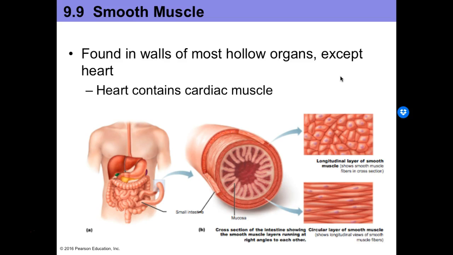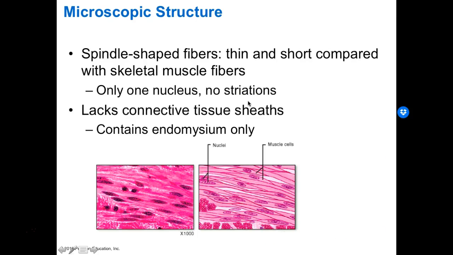Okay, smooth muscle. Like I said, we find this in the walls of our hollow organs like blood vessels, our stomach, and intestines. Our heart is the only one that's going to contain cardiac muscle, even though it's a hollow organ. These muscle fibers are a little bit different. They are spindle-shaped fibers, meaning they're fat in the middle and taper out on the ends.